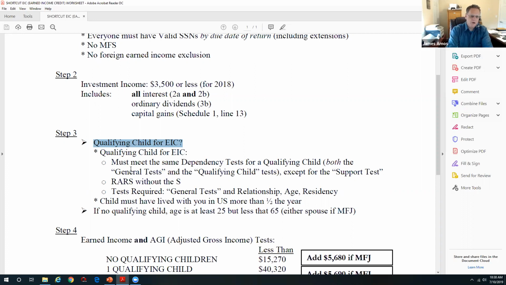I'm going to say her just to make it easier. She is not claiming Janie this year on her return because her ex-husband gets to claim her. What credits do you need to make sure that you do not take for the custodial parent in that situation?